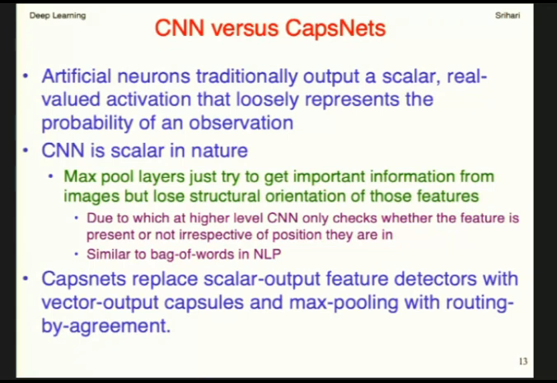Due to which at higher levels, CNN only checks whether the feature is present or not, irrespective of the position it is in. So in that sense, it is similar to bag of words in natural language processing, a basic method for NLP that you might be familiar with.